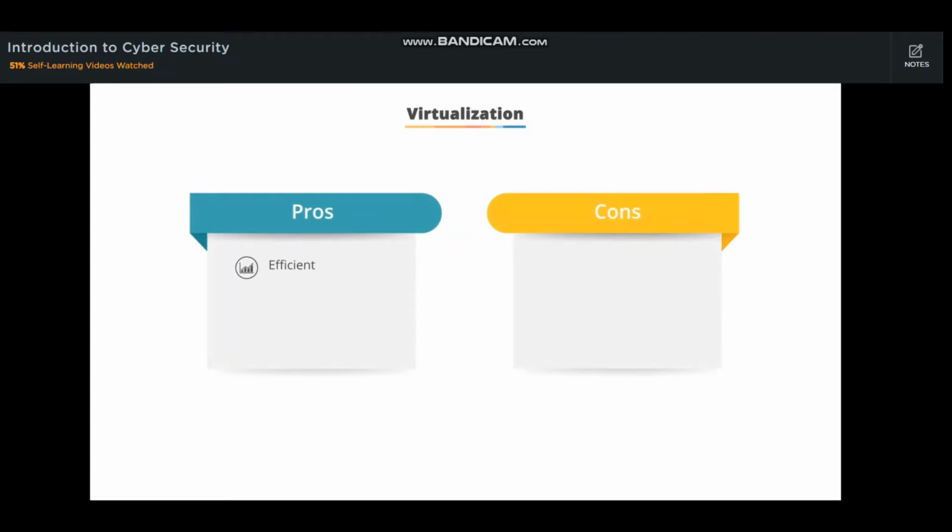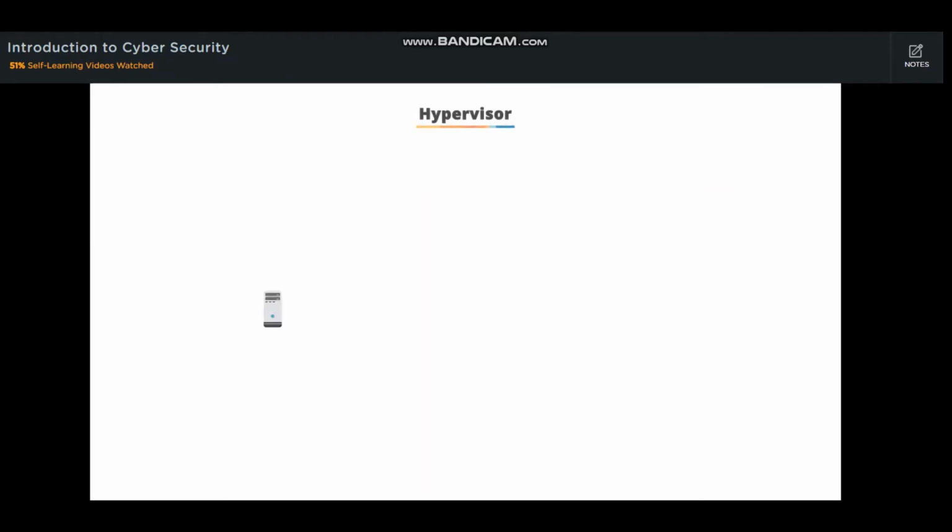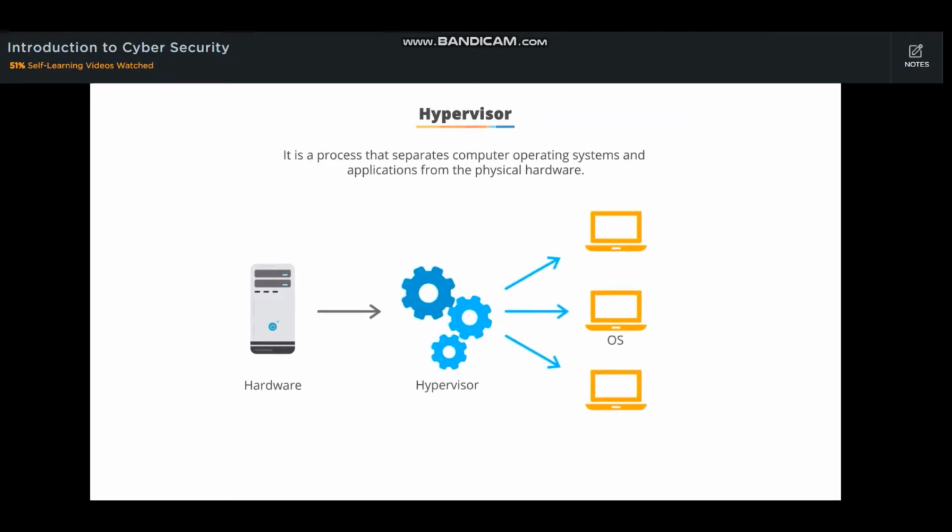Benefits: efficiency, higher availability, lower cost. The disadvantages: single point of failure, weaker from security and privacy perspective. A hypervisor is a process that separates a computer's operating system and applications from the underlying physical hardware.